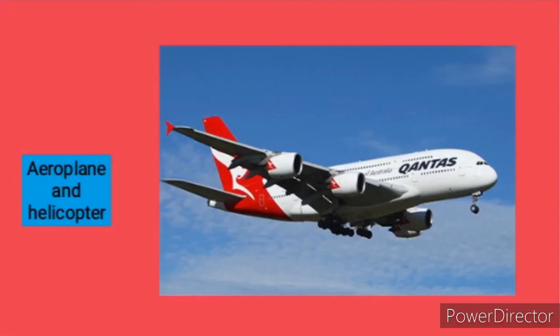Now let's look at air as a means of transportation. We have aeroplanes and helicopters. They are very fast. As a matter of fact, the air is the fastest means of transportation. The aeroplane and the helicopter are the fastest means of transportation right now.